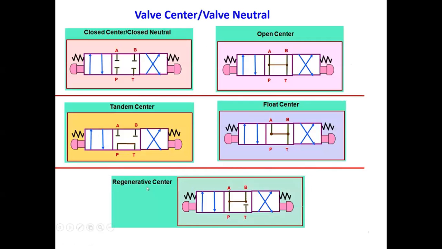Valve center, valve neutral: cross center, open center. See the symbol of cross center, cross neutral. This is the open position, this is the closed position, this is the cross position. This is open center. The valve is open at center.